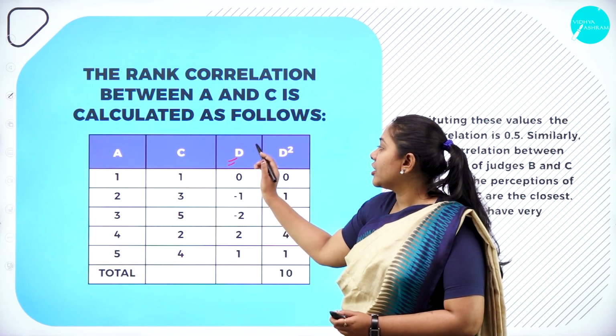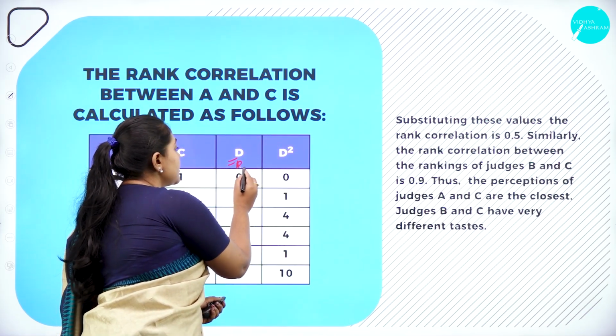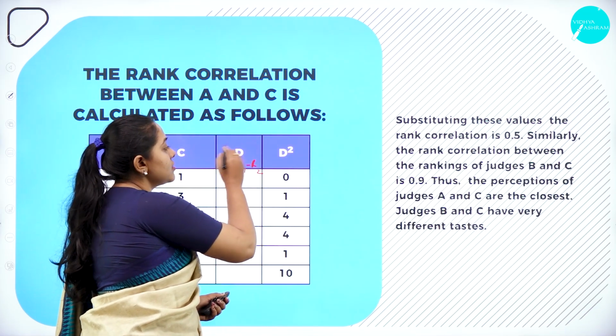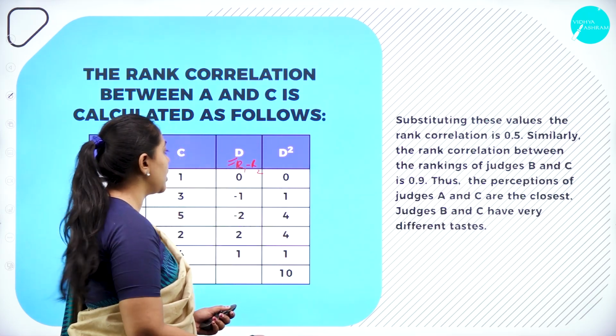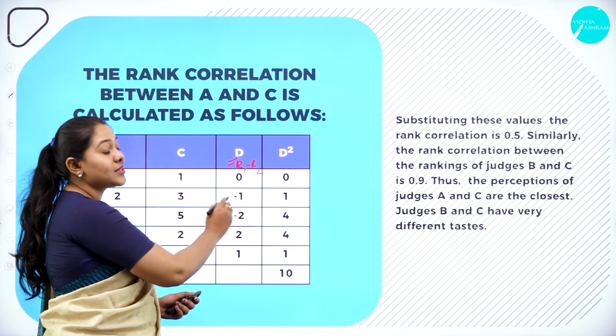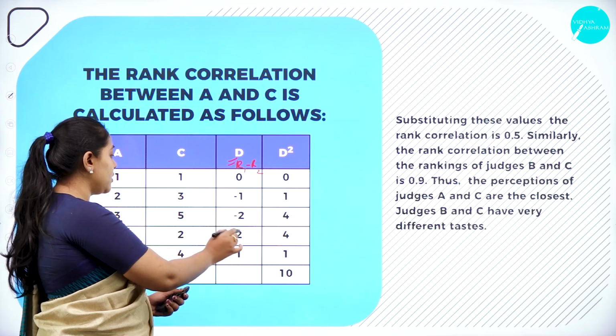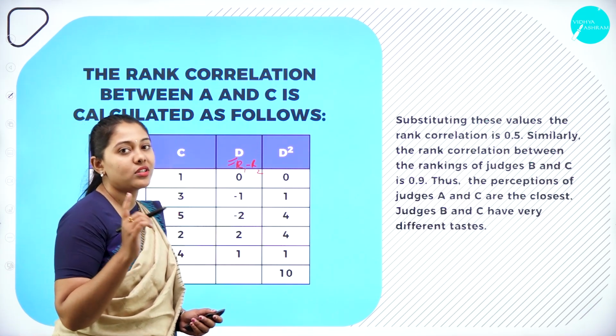So what is the deviation? How do you get the deviation? Rank 1 minus rank 2. If you get this, you will get your D, that is your deviation. So 1 minus 1, 0. 2 minus 3, it is minus 1. 3 minus 5, it is minus 2, 4 minus 2, it is 2, 5 minus 4, it is 1.